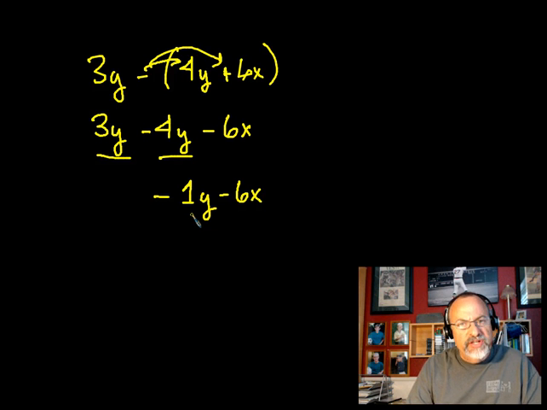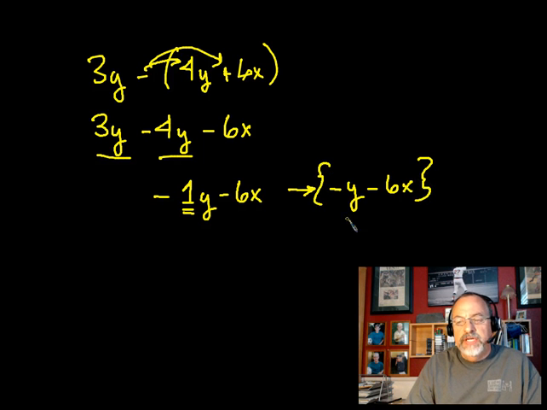One of these conventions is that we never leave a 1 in front of a variable. We can take it one step further: what is negative 1 times y? It just ends up being negative y minus 6x.